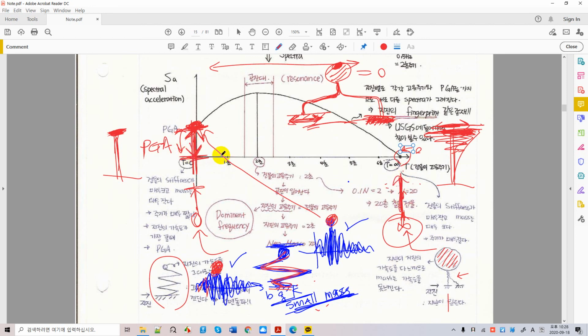But what happens in the middle? In the middle, the vibration behavior of the building goes up somewhere here and reaches a peak value, and then goes down. Let me try to change the color.